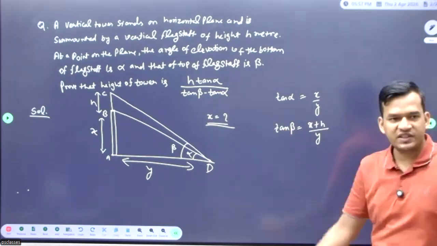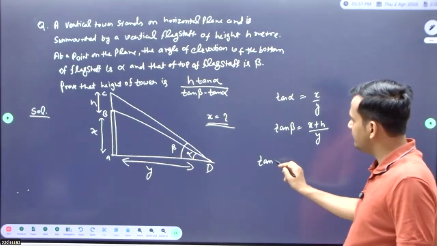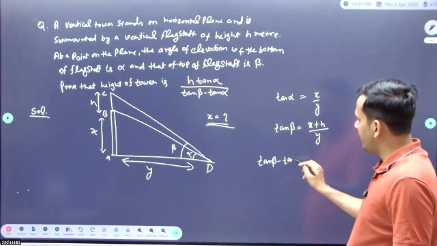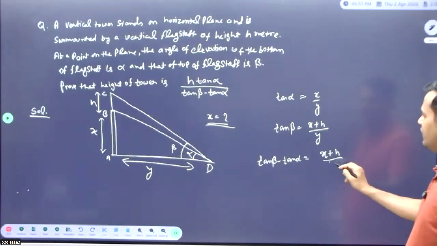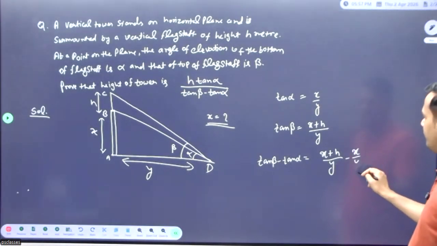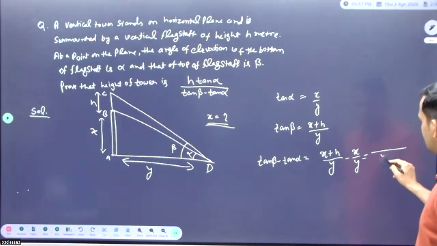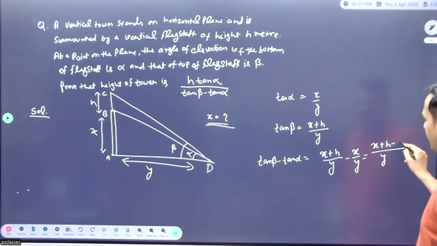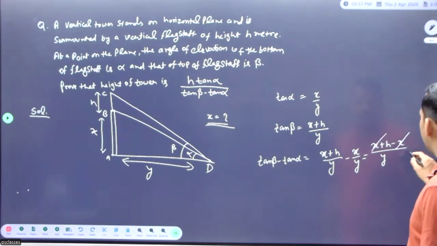In the denominator, there is tan beta minus tan alpha. So we'll find tan beta minus tan alpha. Tan beta minus tan alpha is equal to x plus h upon y minus x upon y. Y is the LCM, so x plus h minus x. This x will get cancelled. So h upon y.